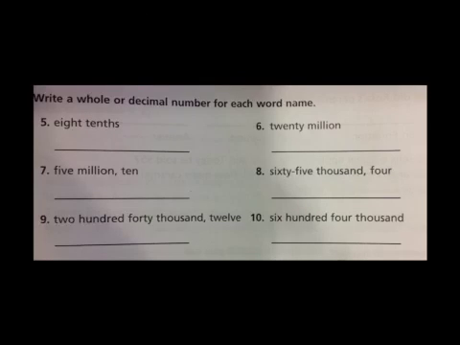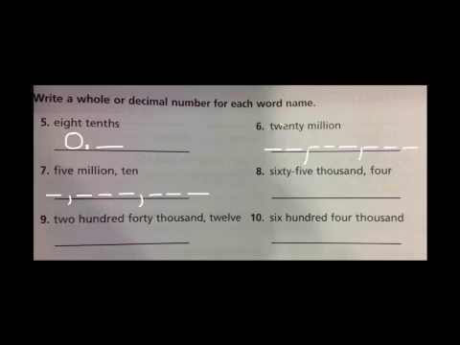A foolproof way to make sure you aren't getting these wrong is to write out your place values. So you have tenths. So I have to fill in that one space. Here I'm filling in 20 million. So we have ones, tens, hundreds, thousands, 10,000s, 100,000s, millions, 10 millions, and then fill in the spots. Same thing here. You have ones, tens, hundreds, thousands, 10,000s, 100,000s, millions, and then fill in your spots.